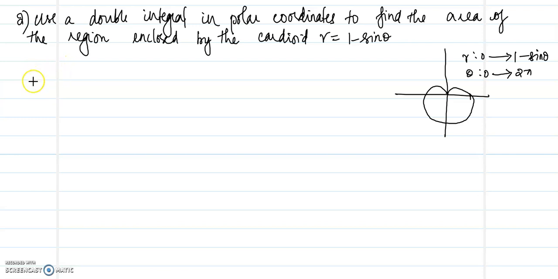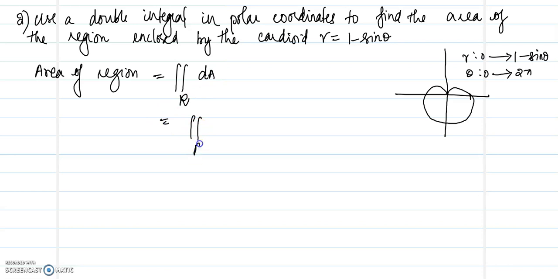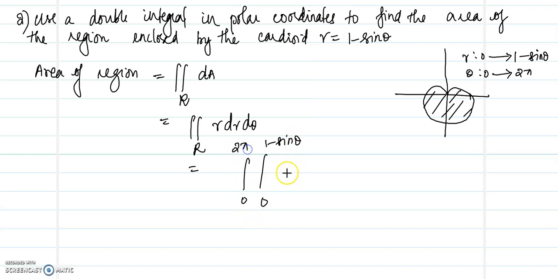Therefore the area of the region will be equal to the double integral over R of dA, that's the double integral of r dr d theta. Our region is the region bounded by the cardioid. So r varies from 0 to 1 minus sine theta, and theta is varying from 0 to 2 pi.